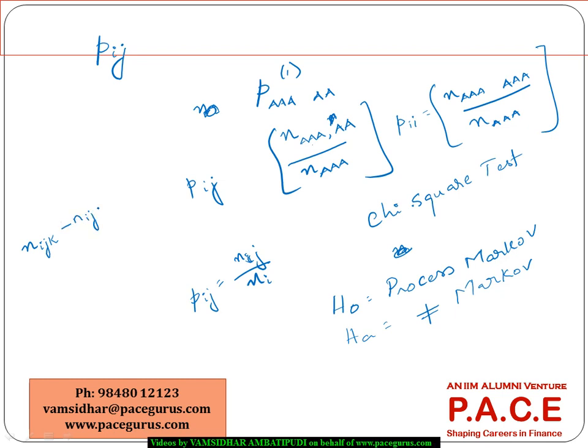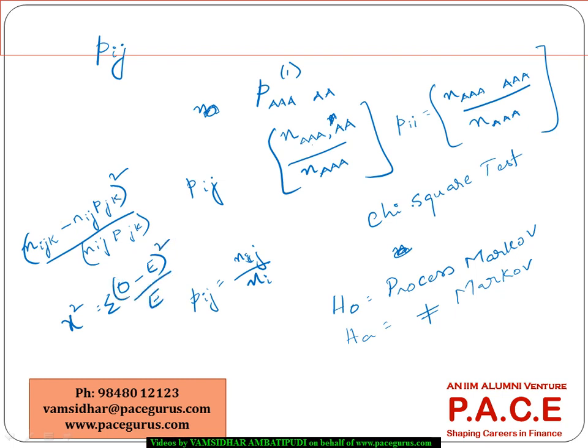Let me write down the formula, then I will explain the logic behind it. Especially when we talk about the chi-square test, we generally perform it as the summation of observed minus expected squared by expected.